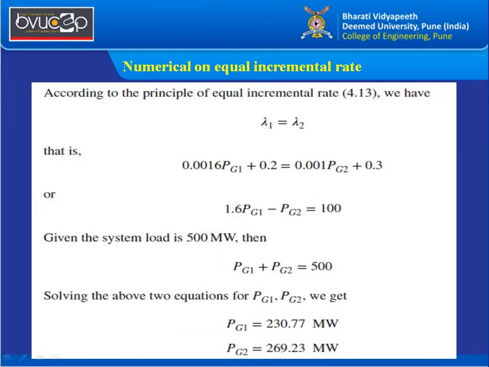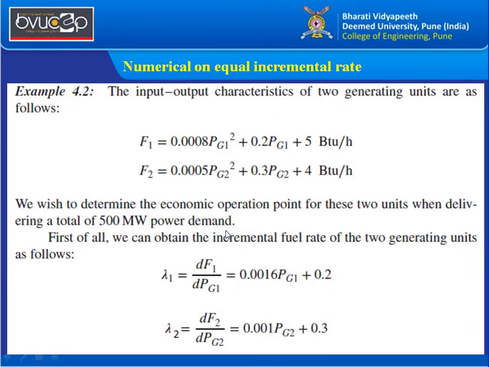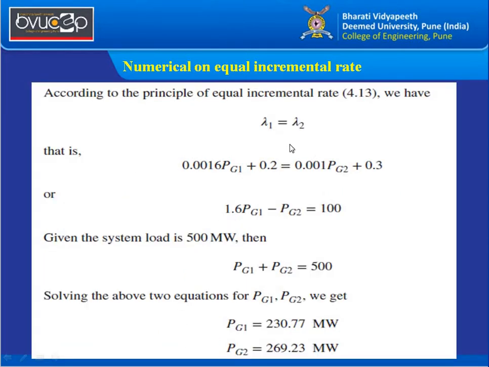Now, as I have discussed, as per the principle of equal incremental rate, we are concentrating on equal incremental rate for this example. So let us take lambda 1 equal to lambda 2, making these two incremental fuel rates equal. Here we are minimizing the fuel rate by having the equal incremental rate for both generators, so that the power output satisfies the demand of 500 megawatt.